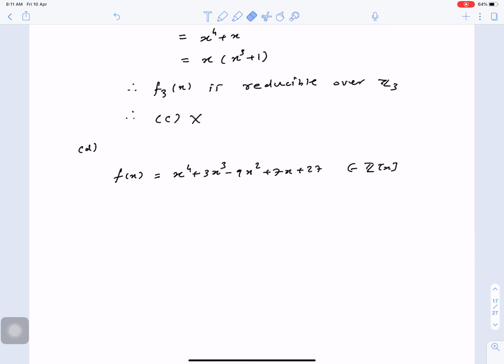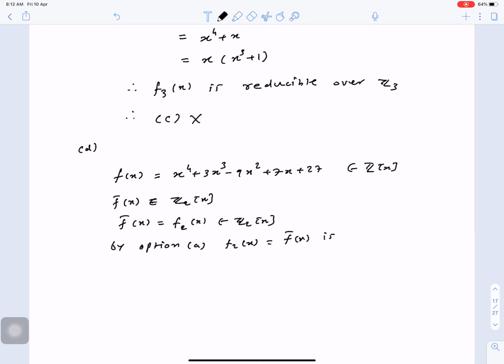Now if you consider f bar(x), which belongs to Z2[x], then f bar(x), in our previous notation, is f2(x) belongs to Z2[x], and we have discussed in part A that f2(x), that is f bar(x), is irreducible over Z2.